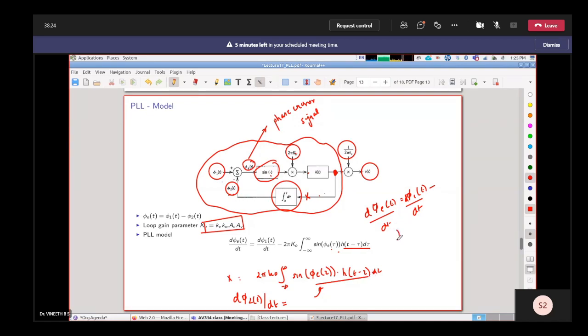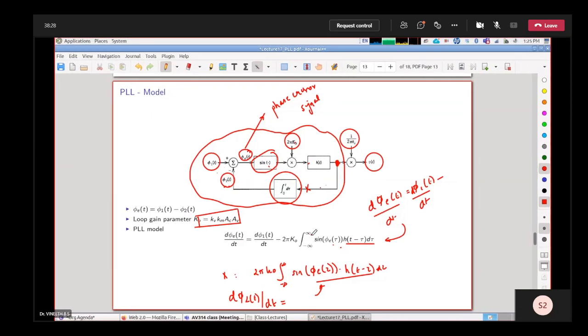So if you put all those things together, this is the defining equation for how the PLL's signals behave. It relates the error signal phi e of t to the input phi 1, and also the response of the loop filter and the gain K0 that we have in the loop.